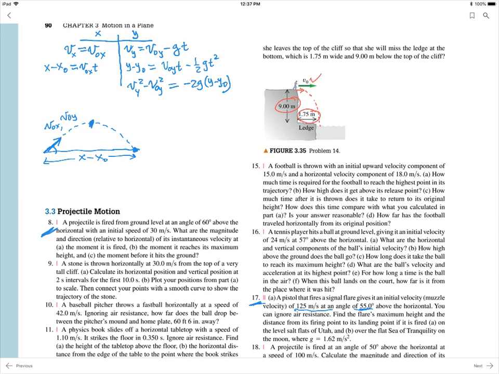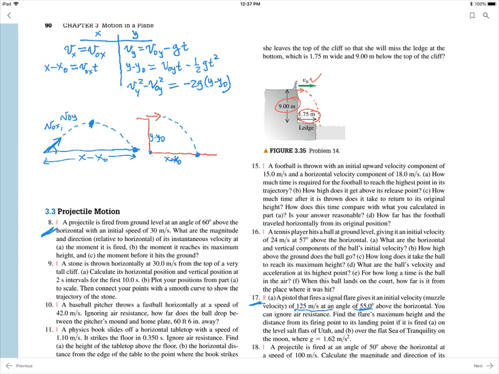But this is horizontal. So the other type that I was going to talk about is just that. So you start at a certain height, and then you project something horizontally, and then you look at the trajectory that it traces. The trajectory looks something like that, and this is x minus x0, and this is y minus y0. Okay, so that's what you can do.